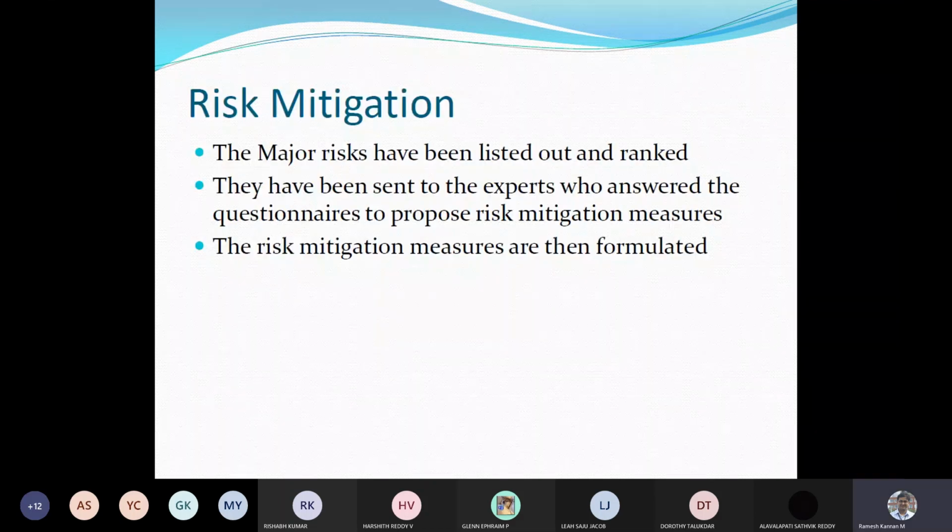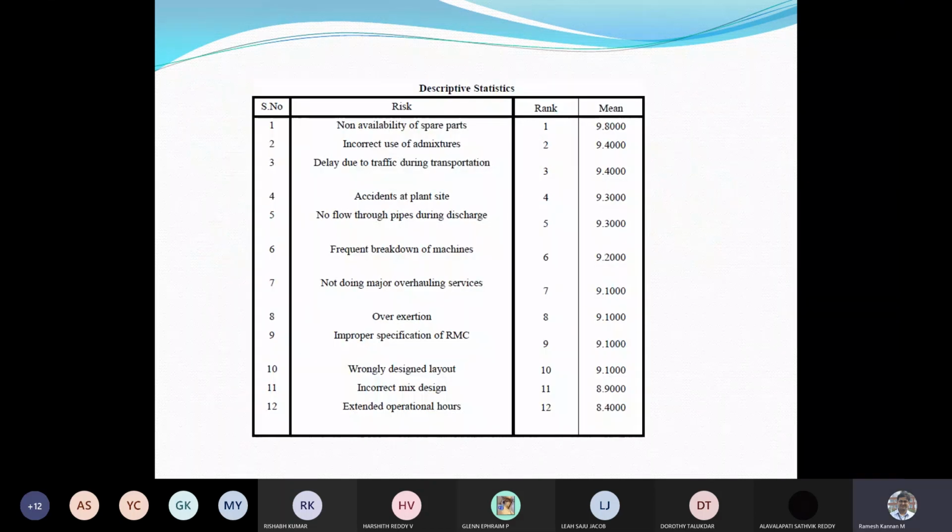And risk mitigations: once you identify these risks and prioritize them, you mitigate them based on the severity, right?